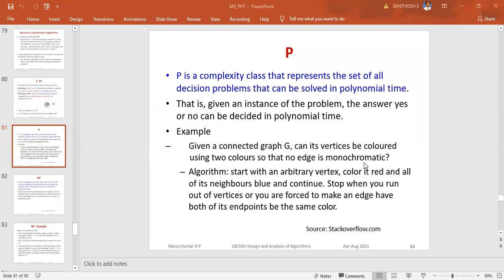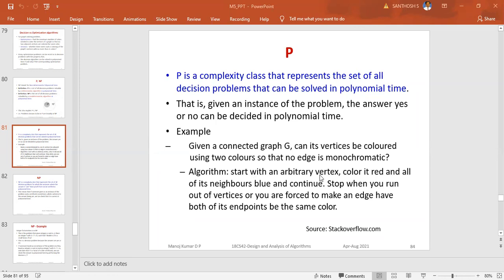For one edge you will have two vertices, and those two vertices should not use the same color. So the decision answer for that question is either yes, we can color, or no, we cannot.